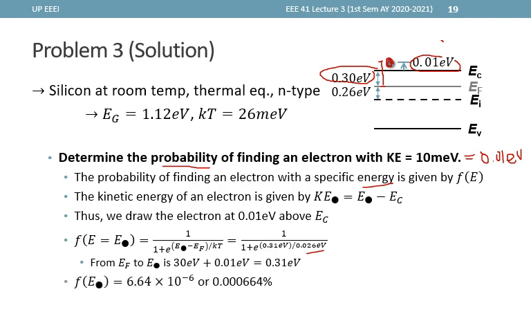The probability of finding an electron with that kinetic energy must be equal to 6.64 times 10 to the minus 6, unitless, or multiplying by 100, 0.000664%. So that is a relatively small probability since the electron energy level is a few kT above EF. So the probability must be very small.